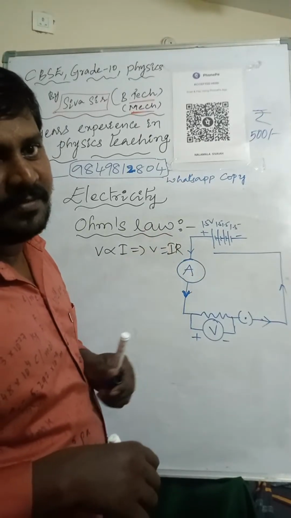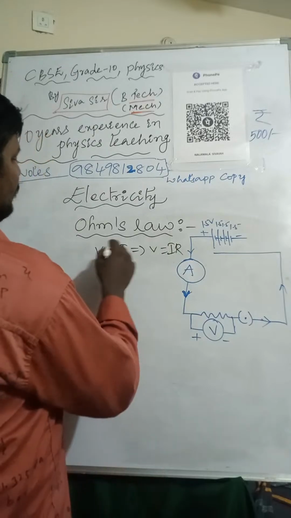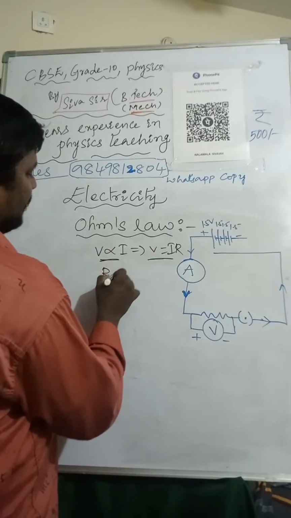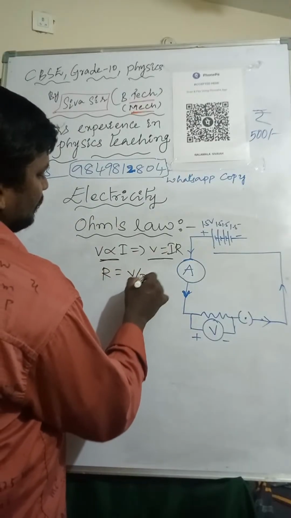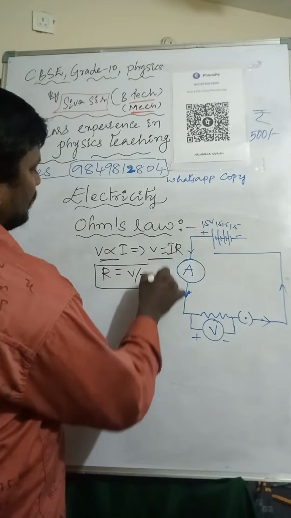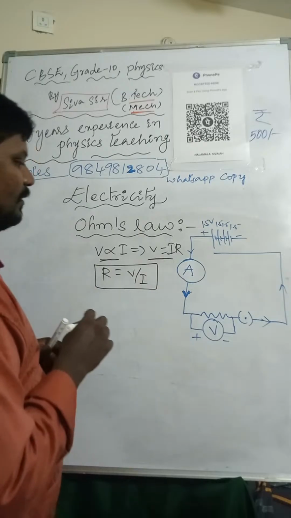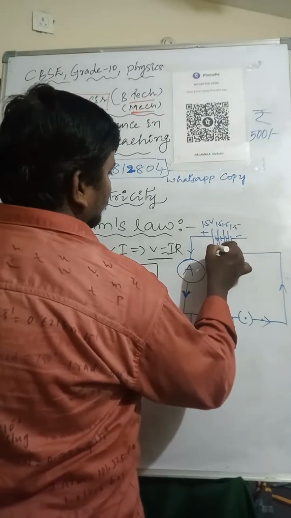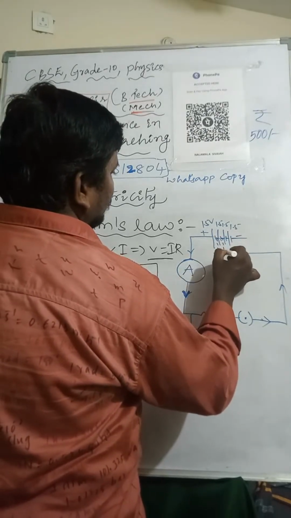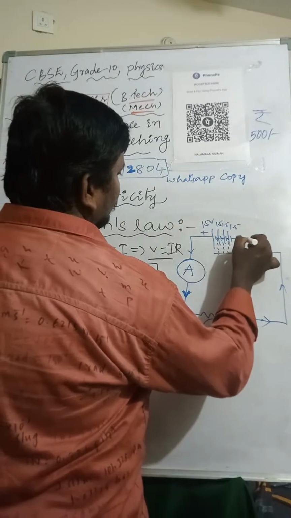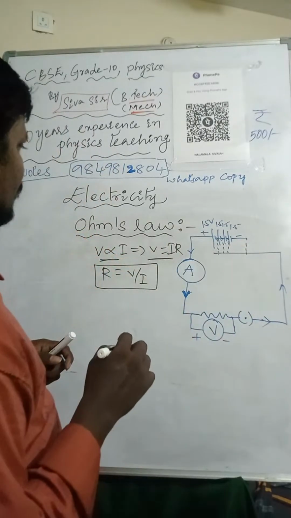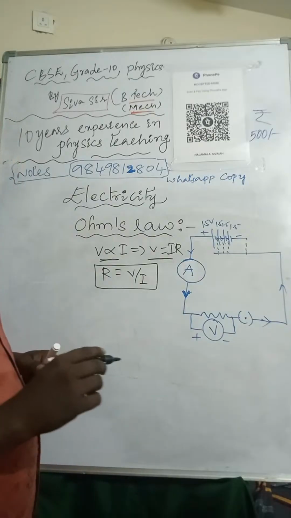R equal to V by I. Here we have to connect one by one. So what is the process?